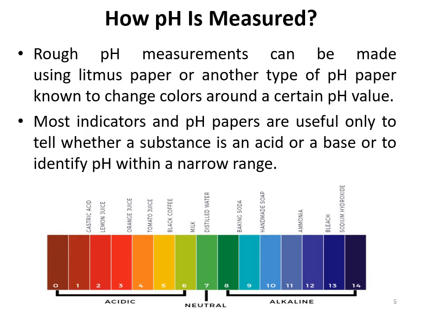There are strips of paper that have been treated with an indicator. Another common method is a pH meter, which involves a pH sensitive electrode usually made of glass and a reference electrode.